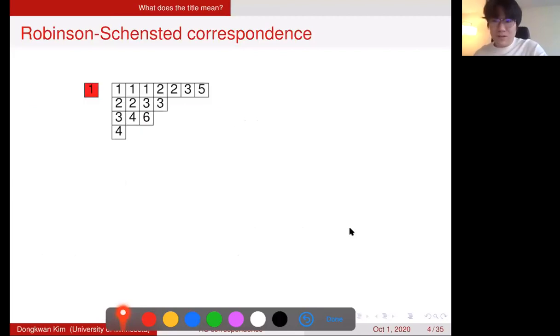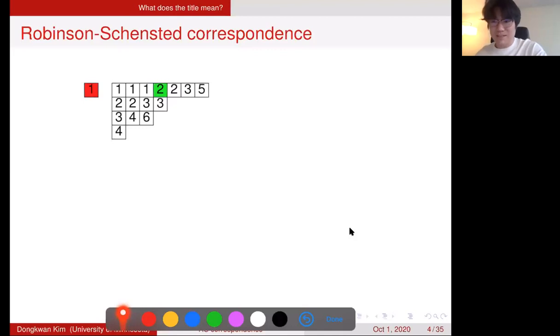I'll give you one example of the RSK correspondence, Knuth version, but you see how it restricts to the Robinson-Schensted original version. Suppose that you have a tableau here, and you have 1 to insert. What you do is find the number on the first row which is bigger than the input, and the leftmost one among them.